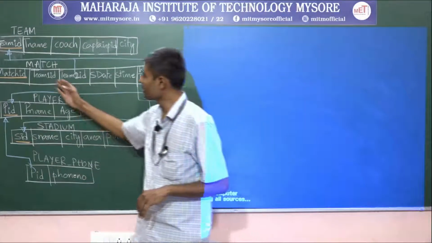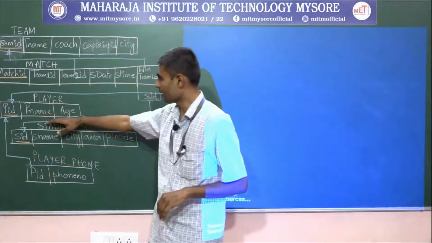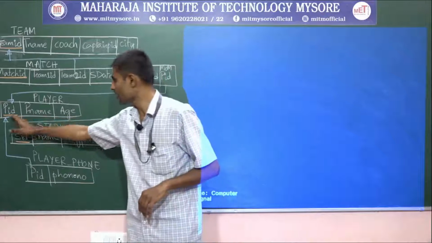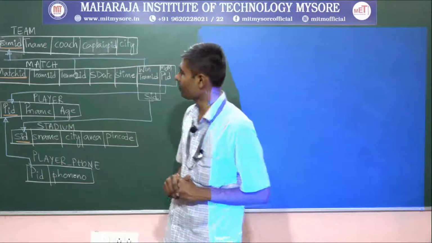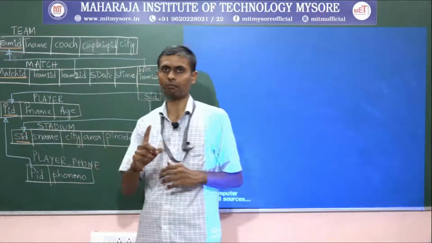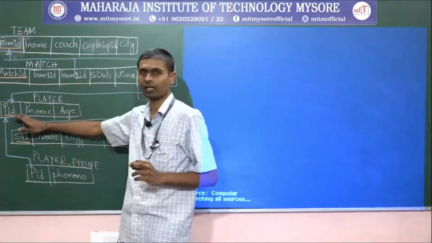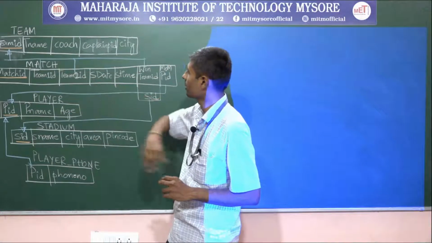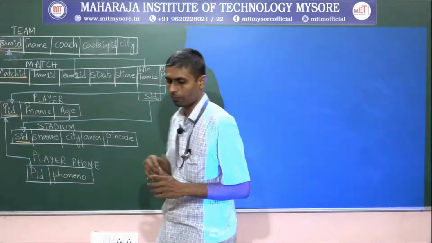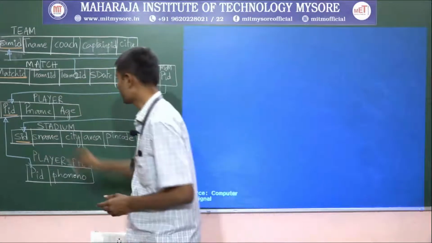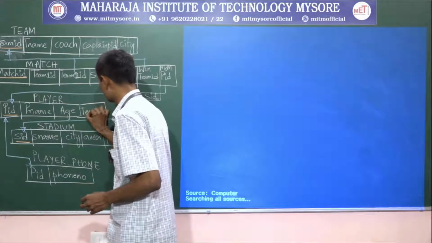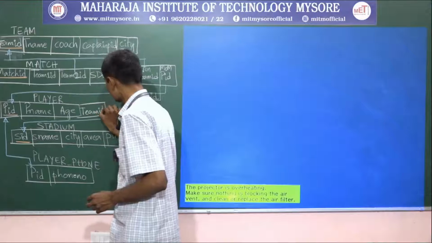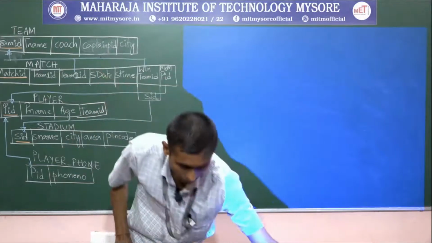Then there are many players, and each player is identified by PID, player ID. Every player belongs to one team, but a team can contain many players. I missed one thing: since each player belongs to one of the teams, I am making team ID a foreign key.